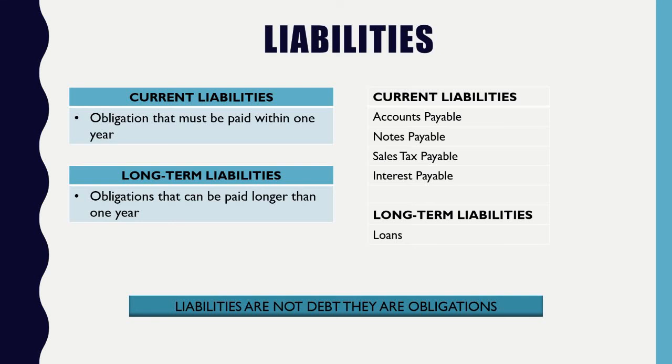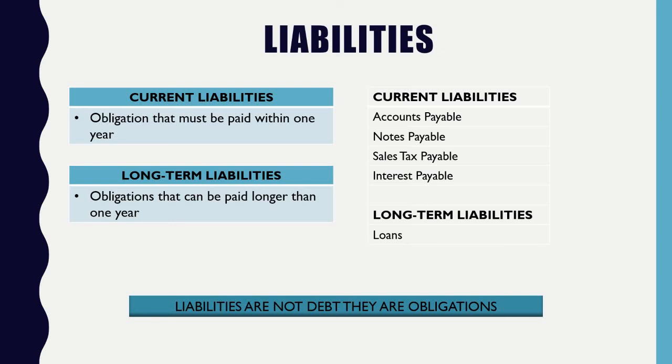That's the bottom line. And there's two categories for liabilities, and that's current and long term. Now this one's a little different. It's not going to be based on how quickly it can be converted to cash. This one is going to be based on how long you owe.